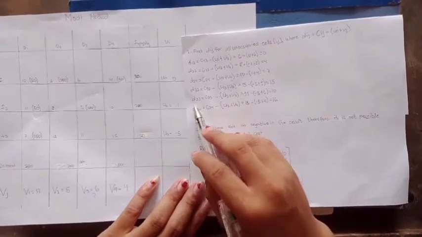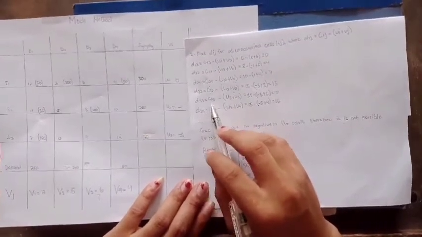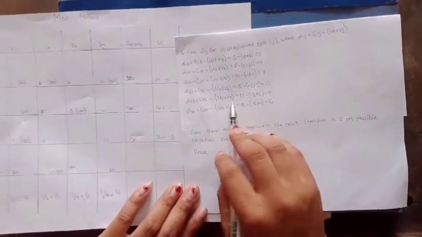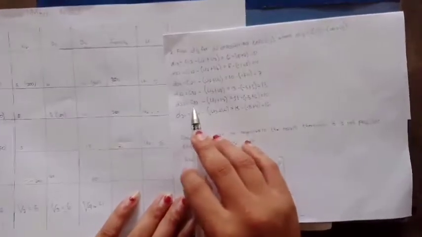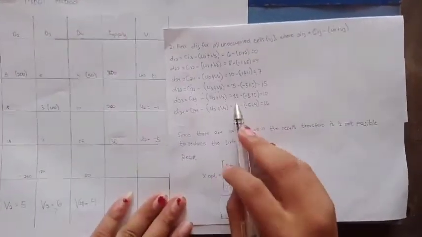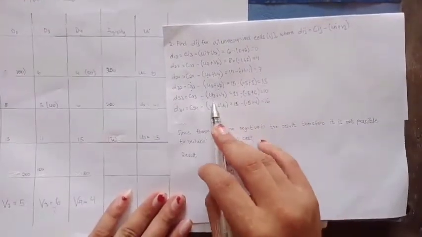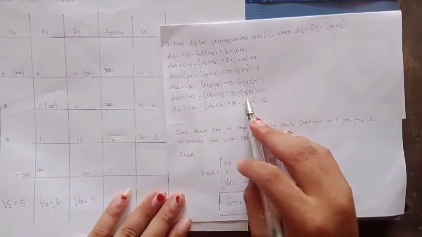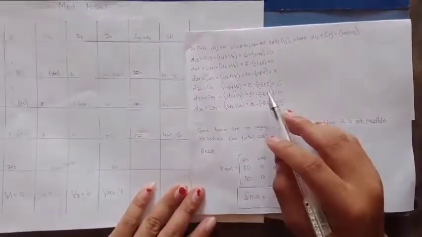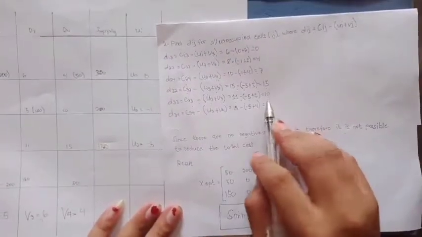Next is D33 is equal to C33 minus U3 plus V3. Our C33 is 11, so 11 minus our U3, which is negative 5, plus our V3, which is 6, is equal to 10.